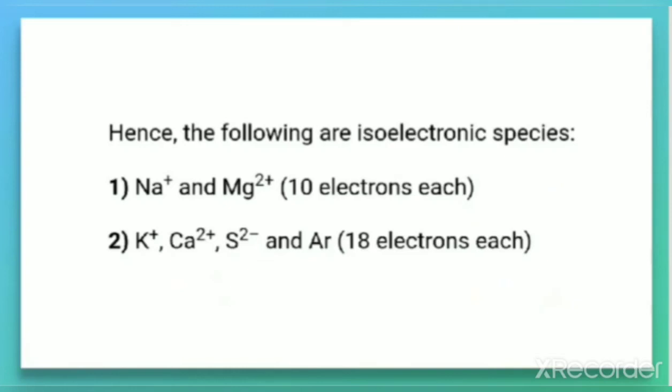If it is one negative charge, add one electron. If 2 negative charges, add 2 electrons. In this way you can find the number of electrons in a negatively charged ion and compare which ones have the same number of electrons; those will be the isoelectronic species.